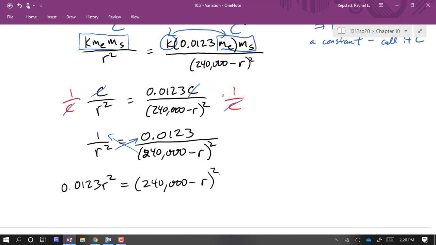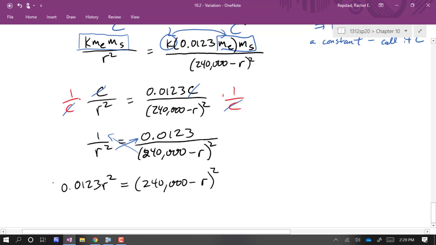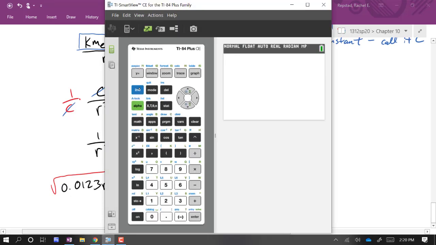R is a distance, and it's only going to be positive. So when I take the square root, we should only need to consider the positive root. So I'm going to take the square root on both sides. On the left, I need to know what's the square root of 0.0123, so I'll just throw that in the calculator.